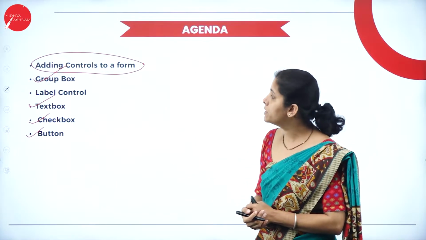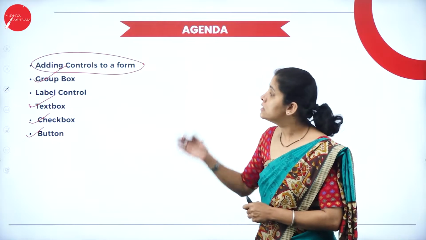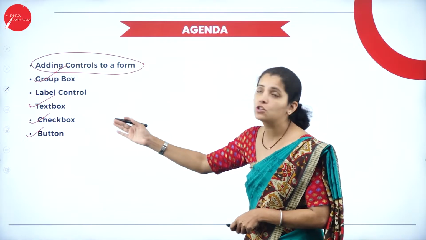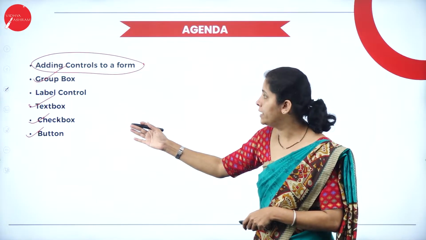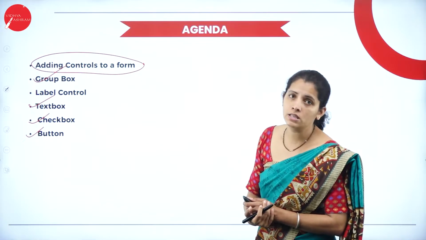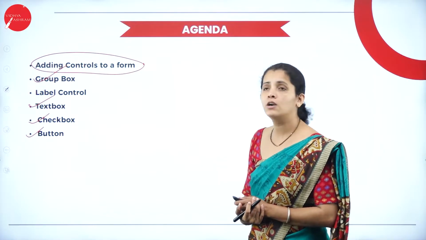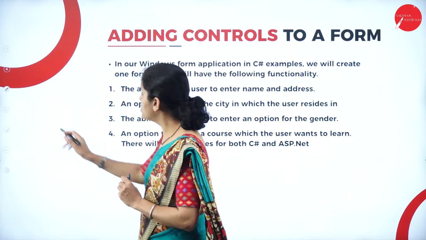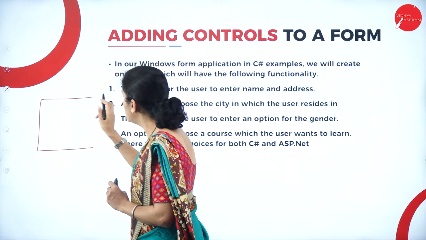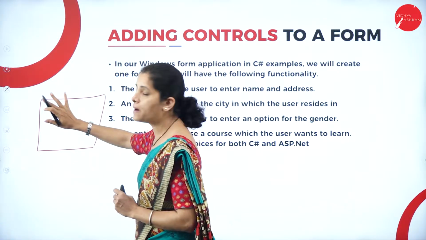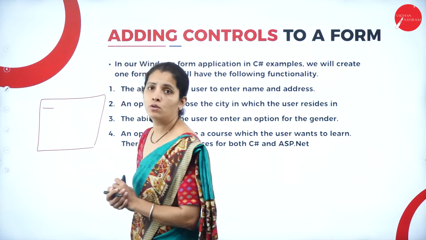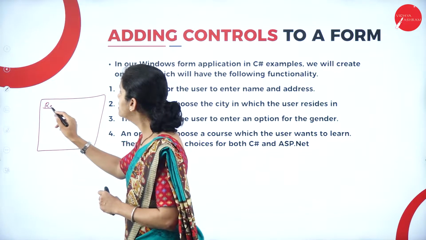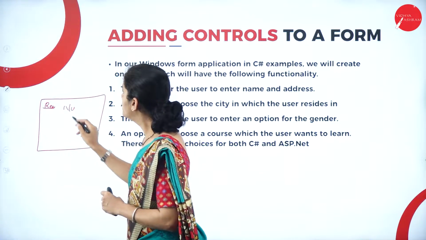So dear students, from the examination point of view, this chapter is very important, and all these topics are very important. Now dear students, let me discuss how I can add controls to a form. We were familiar with the concept of how to design a form. So think that this is my form. Now I want to have one label to read a number.